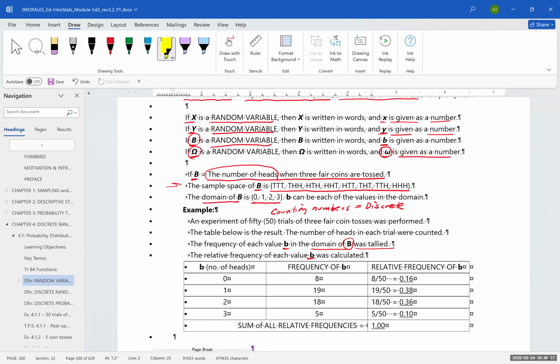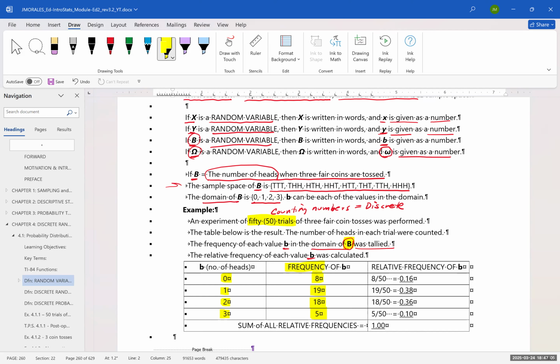So here we have each value in the domain of our random variable. And in the column next to it, we have the frequency for each value that occurred out of 50 trials. So 8 times we had 0 heads, 19 times we had 1 head, 18 times we had 2 heads, and 5 times we had 3 heads.